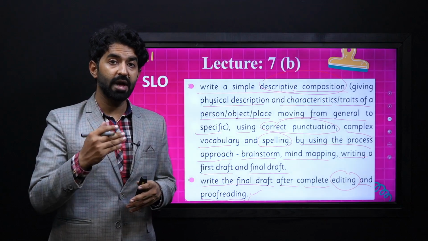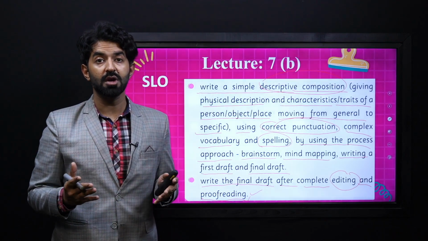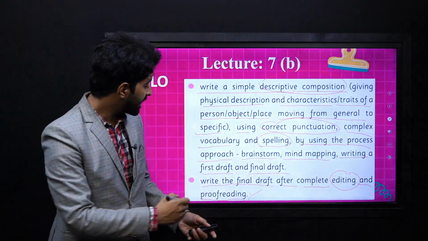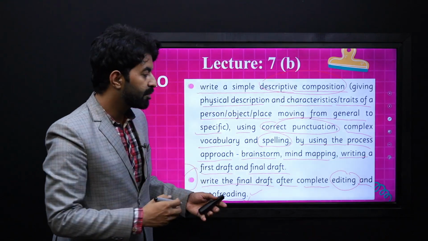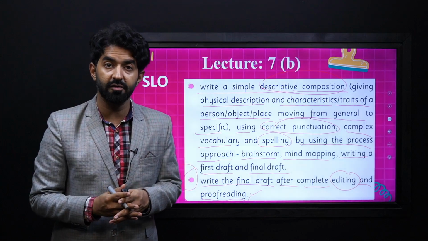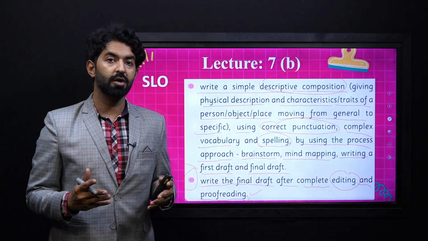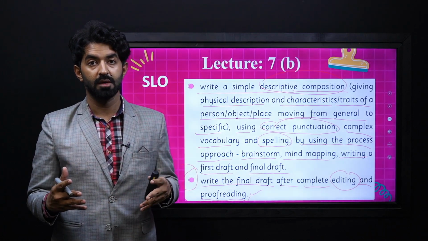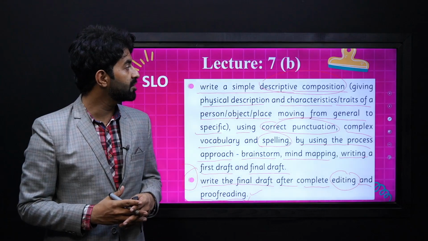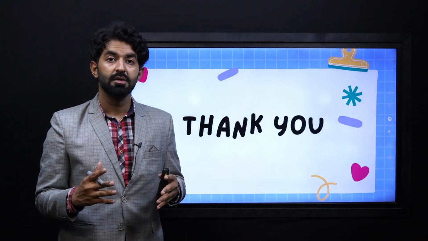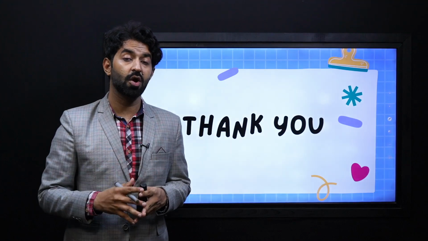So through that we will be producing our first draft, and with this second SLO that we merged, we will be producing our final draft after editing and proofreading. So this is all about these two SLOs in lecture number 7B, and that's all about it.